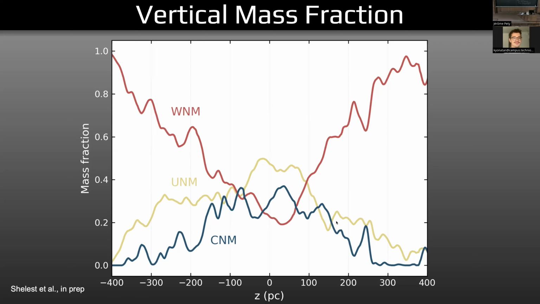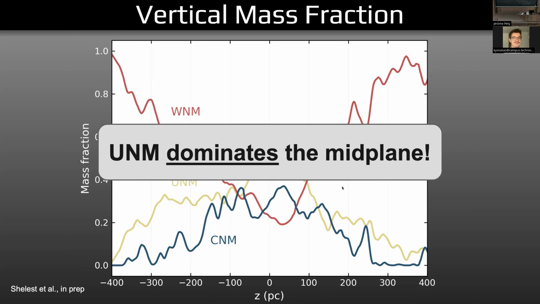However, it's not what we see here. You see in the midplane, the UNM line occupies most of the ISM mass. And this surprising result contradicts the standard expectation of CNM dominance and also the abundance of UNM. So let's take a look in more detail.